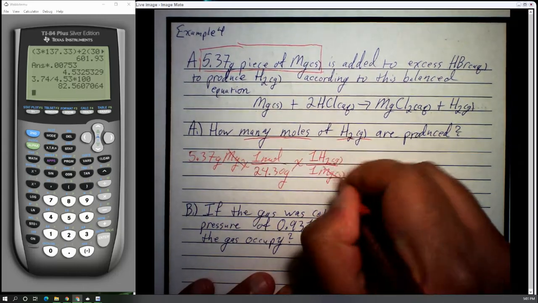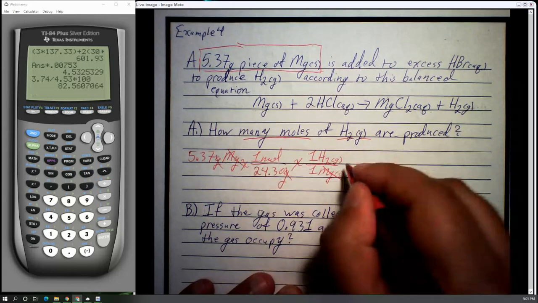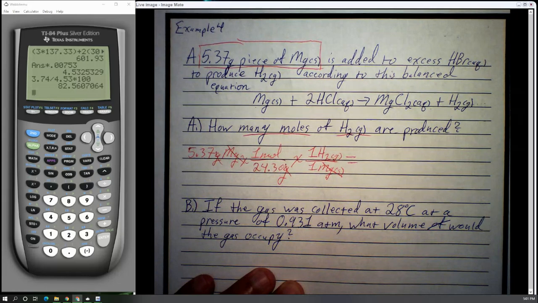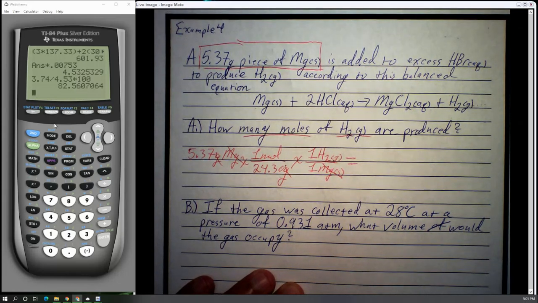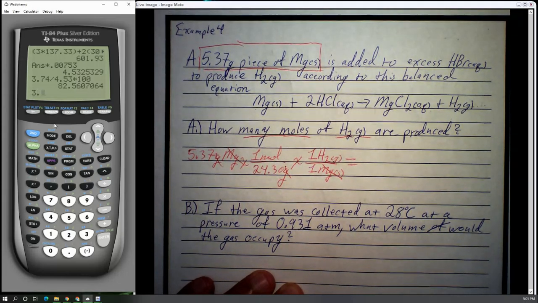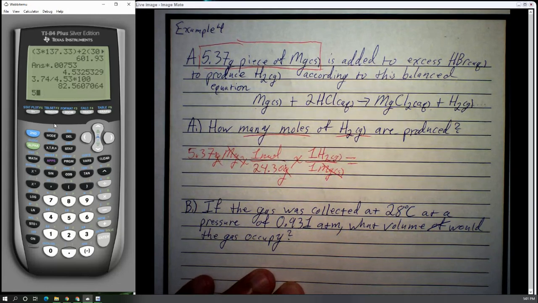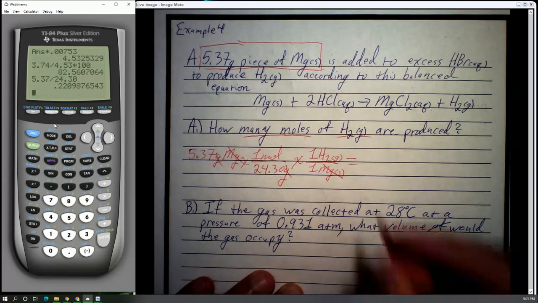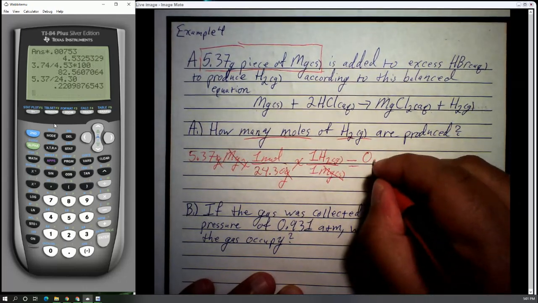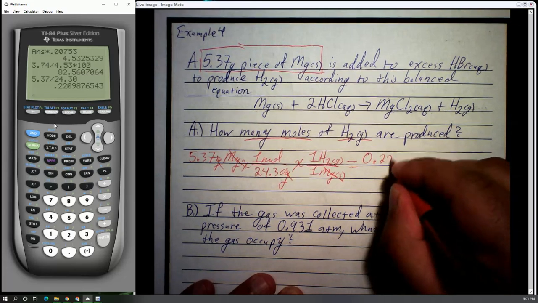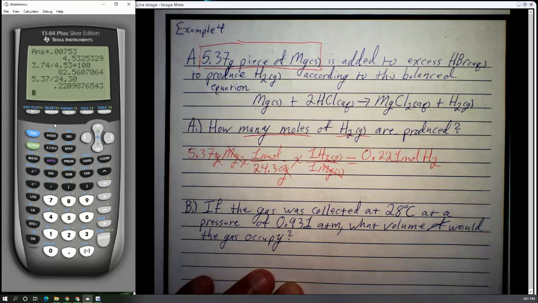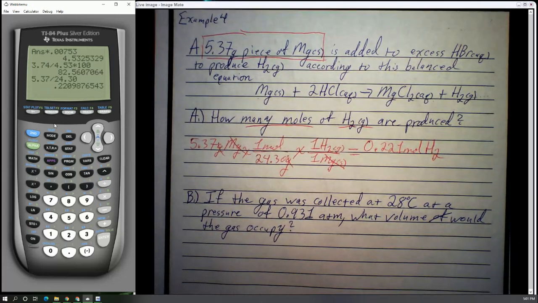So magnesium's gone, that's gone, great. So 5.37, help if I was typing on the calculator. Divided by 24.30, and we get 0.221 moles of hydrogen. Pretty straightforward there.